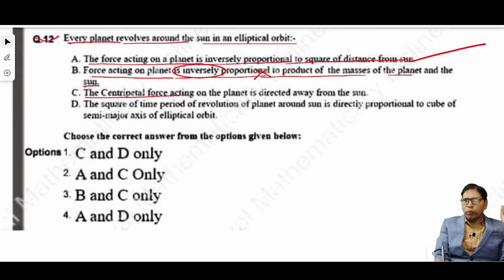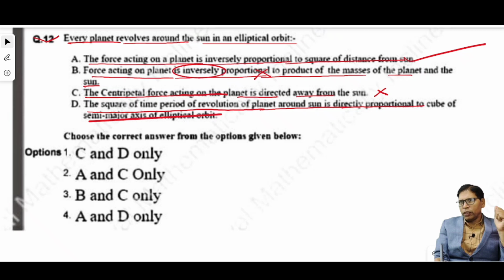The centripetal force acting on the planet is directed away from the sun. No, it is always directed towards the sun. The square of the time period of revolution of a planet around the sun is directly proportional to the semi-major axis of the orbit. Okay, this is the correct statement. So look at this, statements A and D are correct. Look at this, option 4 is correct.